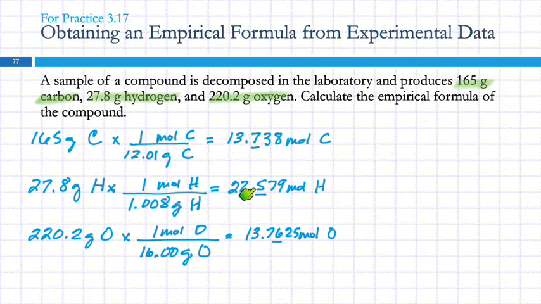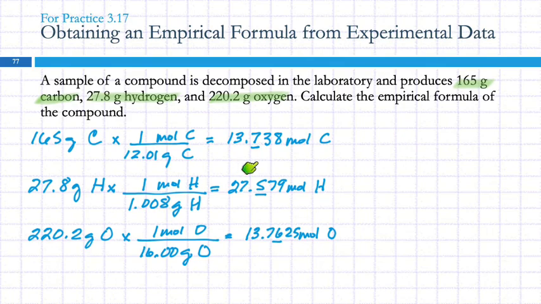So these are the moles in this sample of this compound. But we need our mole ratios. The subscripts in a chemical formula are 1 or larger, and so we want to pick the smallest one, and we're going to divide all of them by the smallest one.